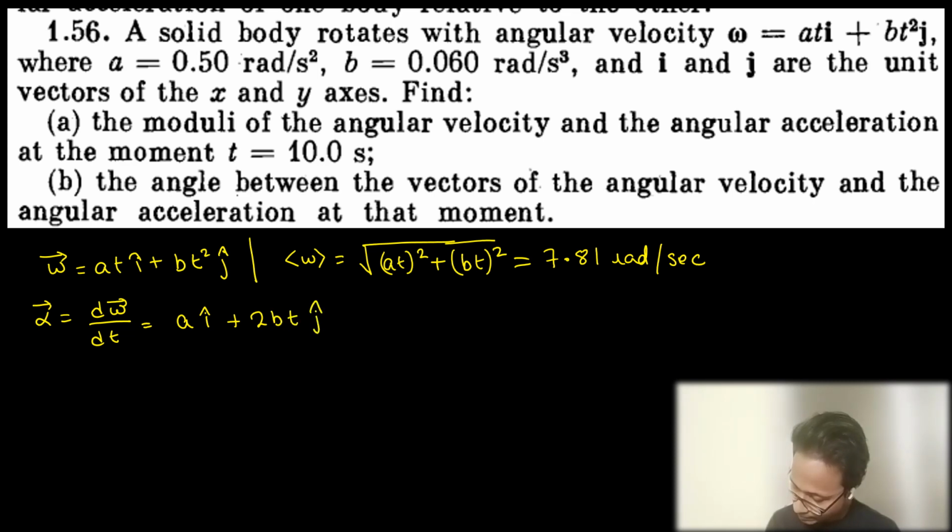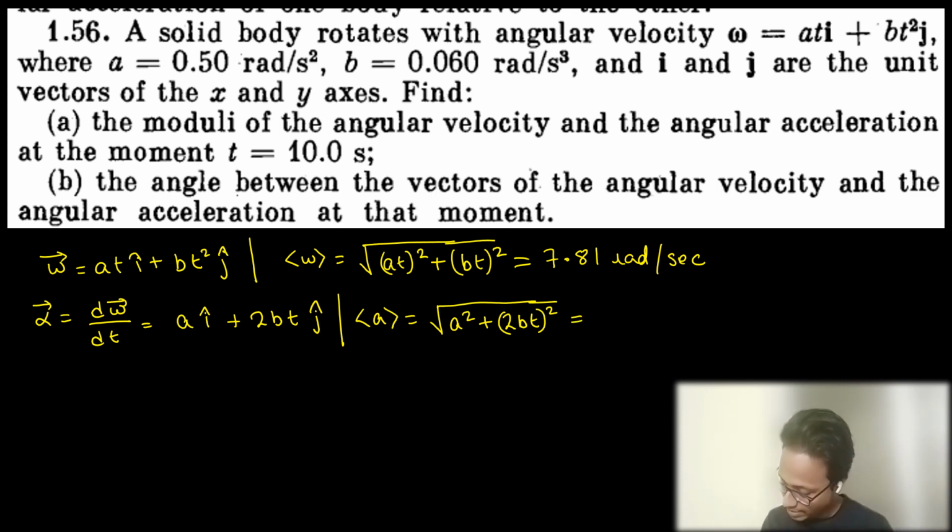Okay, and I have to find the magnitude of this angular acceleration vector. The magnitude is nothing but under root of a square plus 2bt whole square. If I put the values out here, angular acceleration is equal to 1.3 radians per second square.